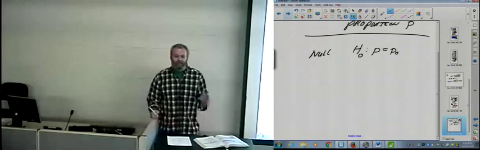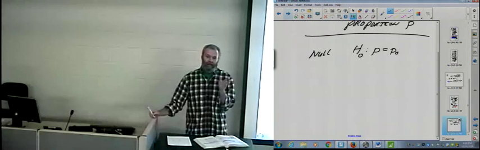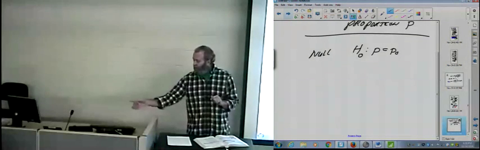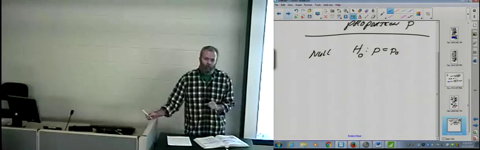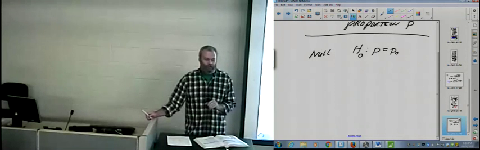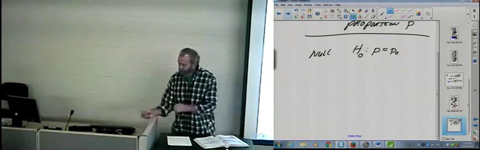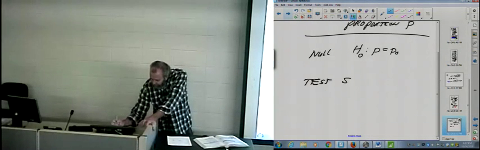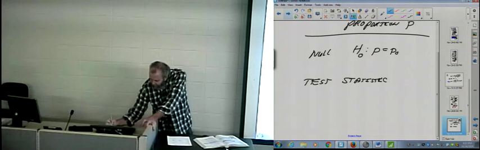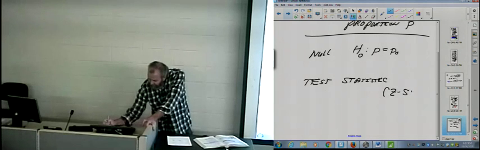The alternative has 3 choices: greater than, less than, or not equal to. Whatever that little p naught is, it stays in the alternative too, just like before. I'm changing the letters on you folks. Okay? Now, my test statistic is still a z-score.